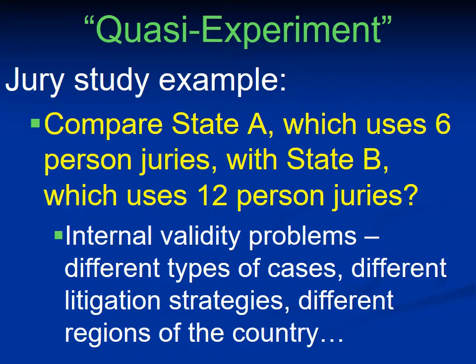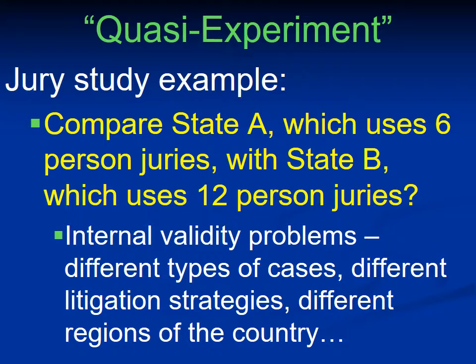Okay, we can go back to our jury study that we talked about, where we had a true experimental design using those college sophomores, which we think is going to have pretty good internal validity, but maybe there were some problems with external validity, right? Or being able to generalize our results to actual juries.